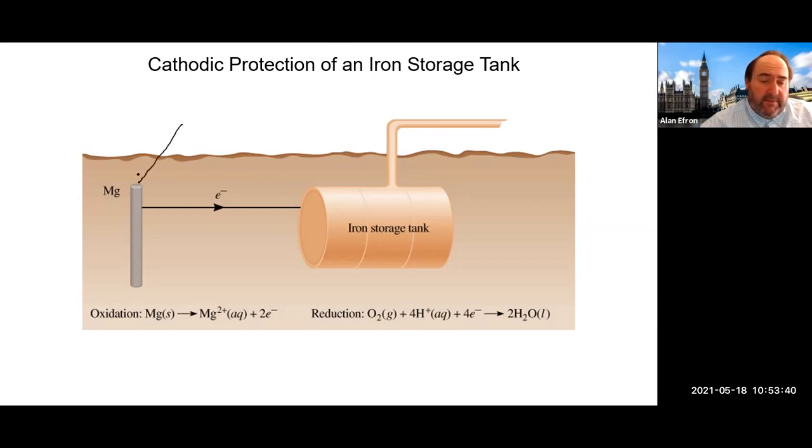With this magnesium present and connected, this is pretty much where all the oxidation will occur. Again, keeping your tank in a good situation, hopefully not going through corrosion and leaking anything out of it. So it's able to prevent that.